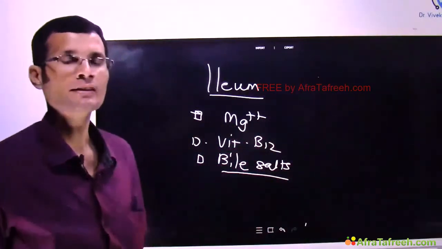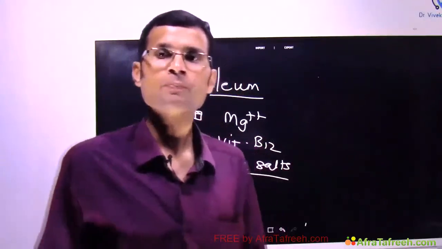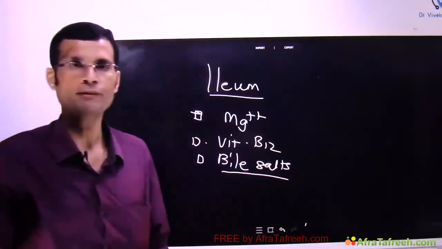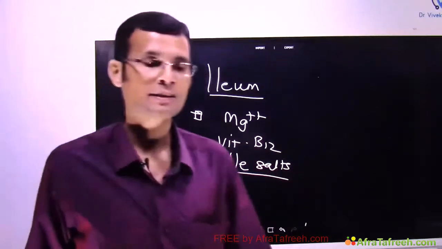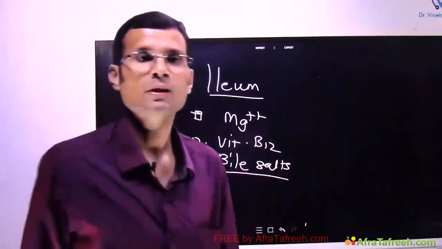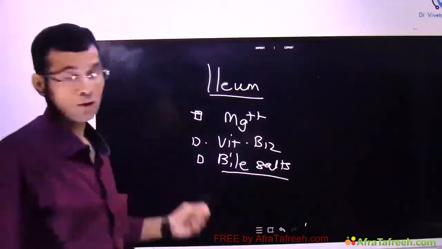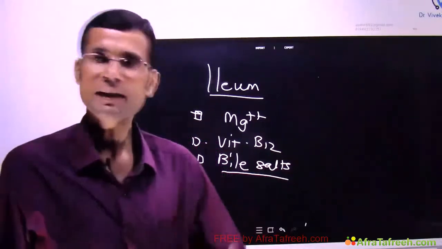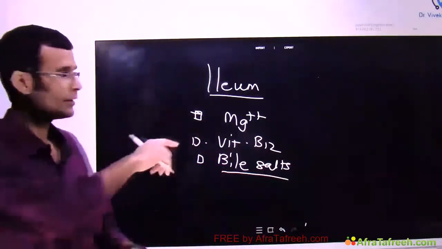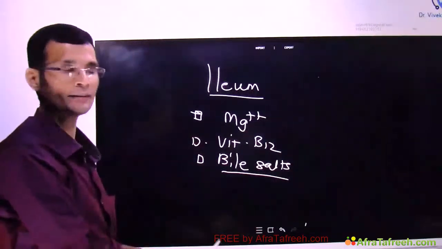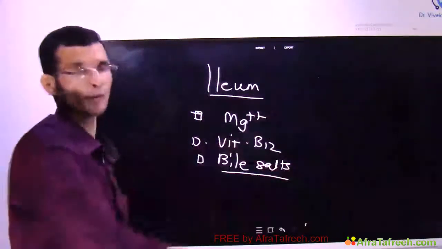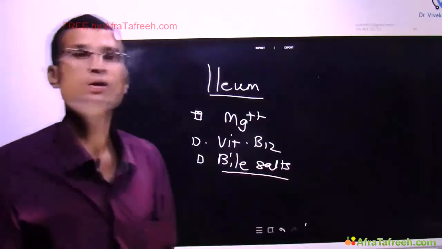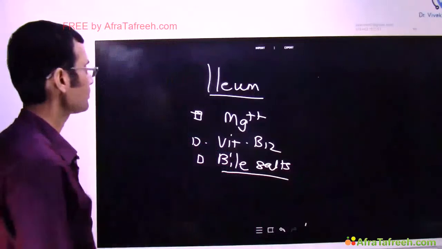There was a question like this: enterohepatic cycling of bile occurs how many times a day? 1 to 2, 3 to 4, 5 to 6, 7 to 8. The answer is 7 to 8 times a day. It is assumed that we eat 3 to 4 times a day, and each time we eat something, the bile will come into the intestine and will be absorbed. So it will move twice over, and therefore totally 7 to 8 times a day enterohepatic cycling of bile occurs.